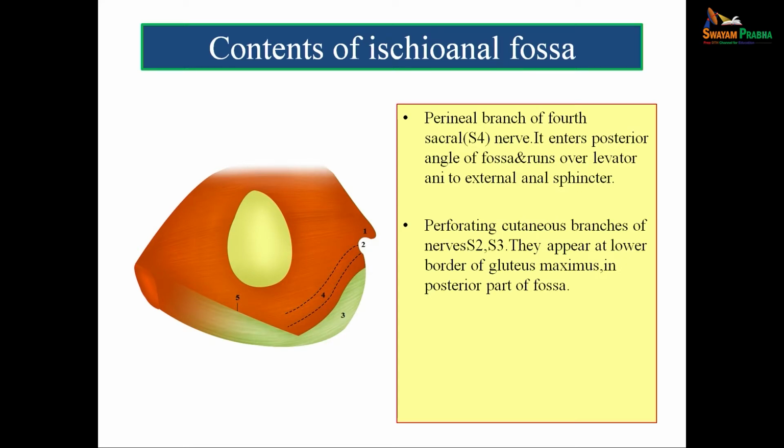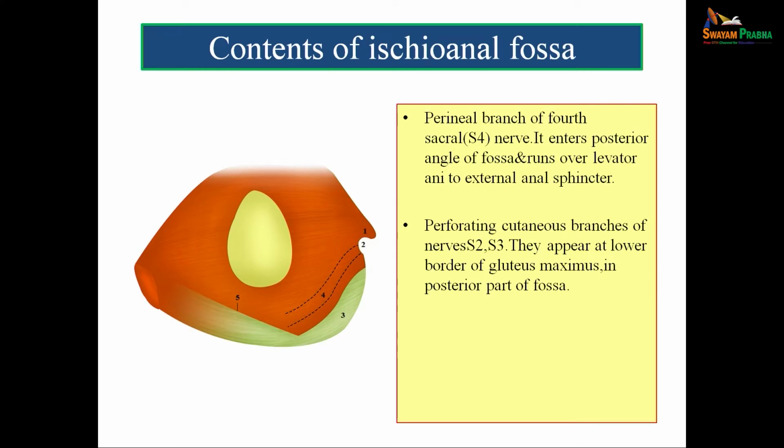It enters the posterior angle of the fossa and runs over levator ani to the external anal sphincter. Another content is the perforating cutaneous branch of S2, S3. They appear at the lower border of gluteus maximus in the posterior part of the fossa. So all these are components of the ischioanal fossa.